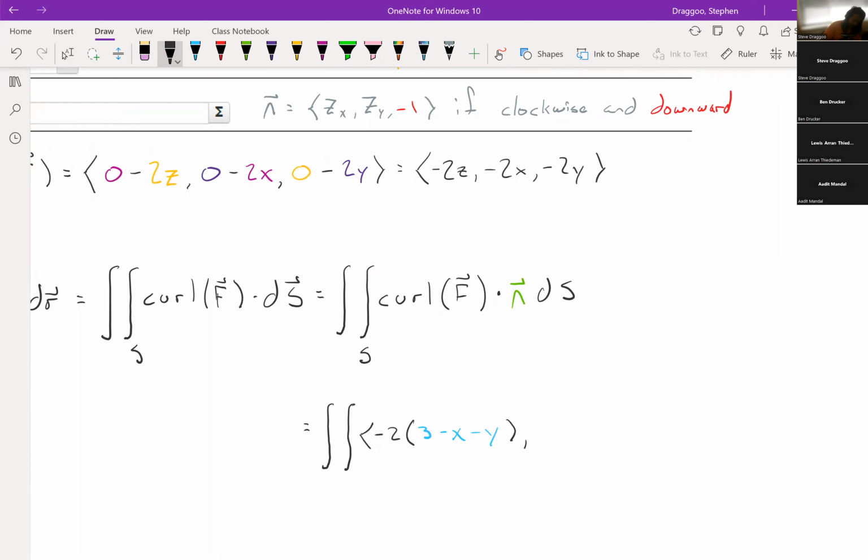Then the rest of it was a negative 2x right there, a comma, a negative 2y right there. Dot this thing with a normal vector, which we got was 1, 1, 1. And then I'm just going to slap a dA right there.